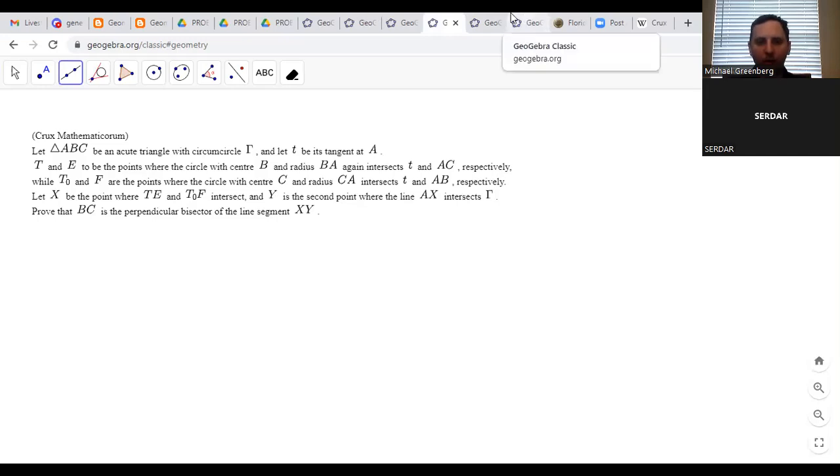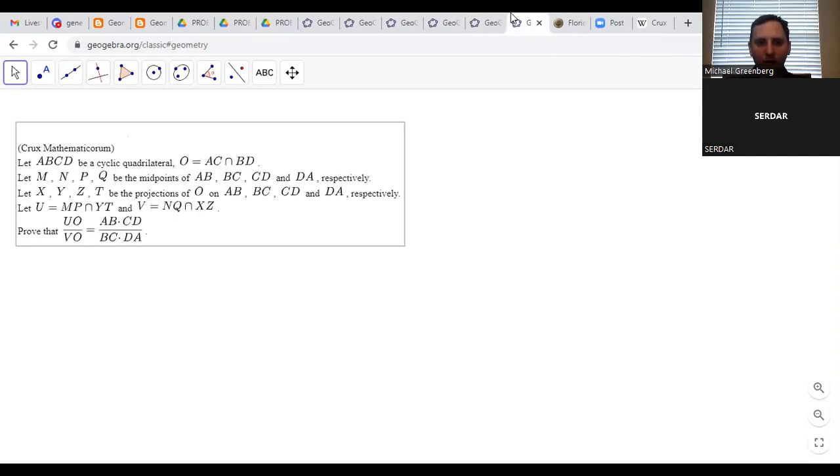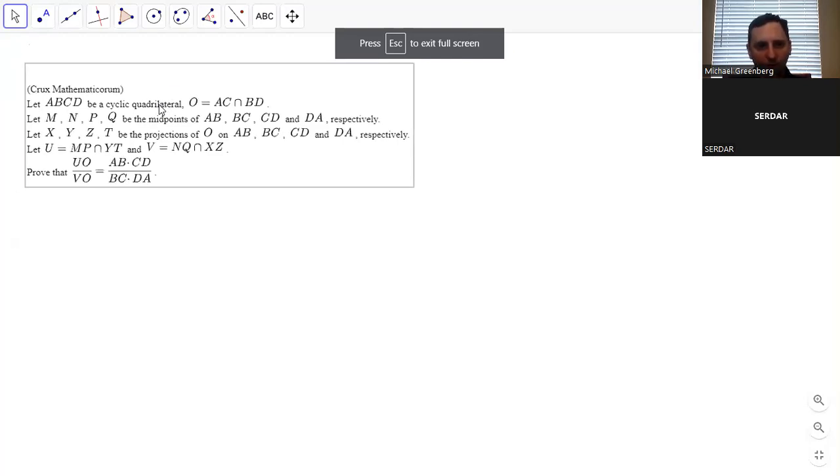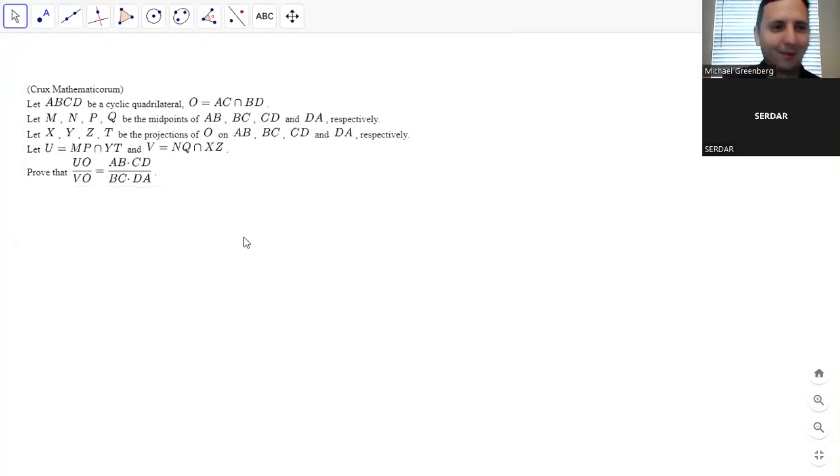Or is there a thing about circles? This one looks kind of tricky. So this looks awful. Another problem. Okay.